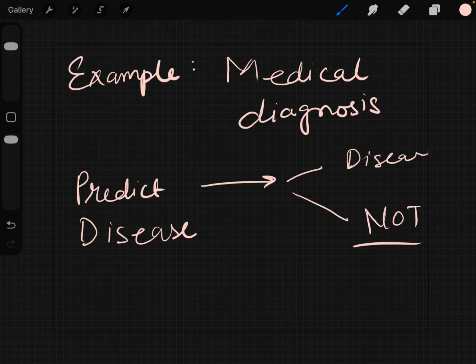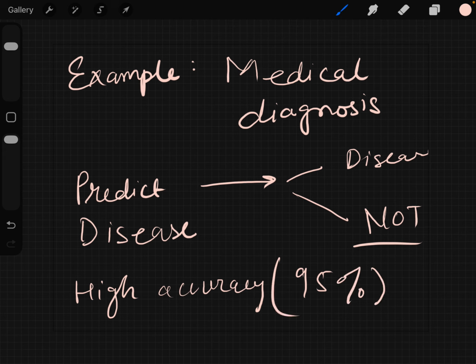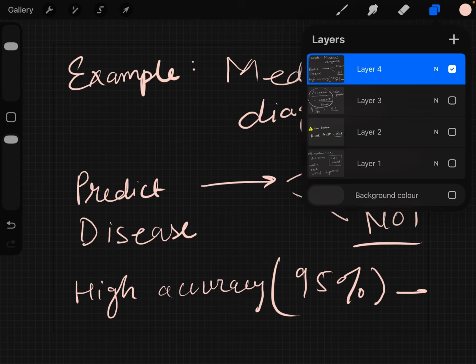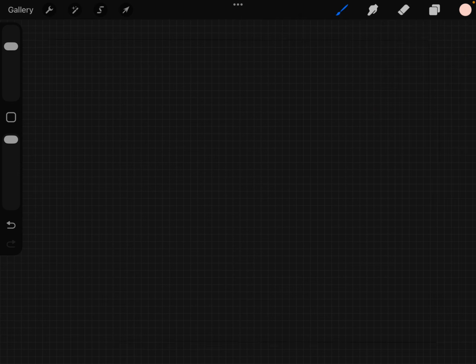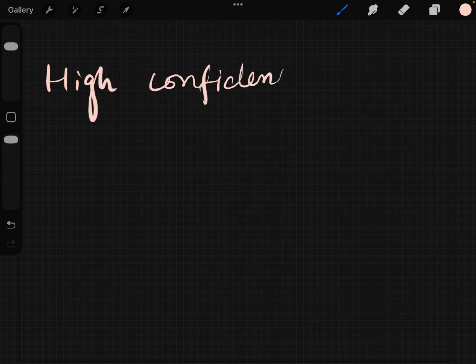And say my model is giving high accuracy, let's say 95%. This sounds very good on paper. For one patient, if the model says no disease with very high confidence, the key point here is not just the prediction but the confidence.